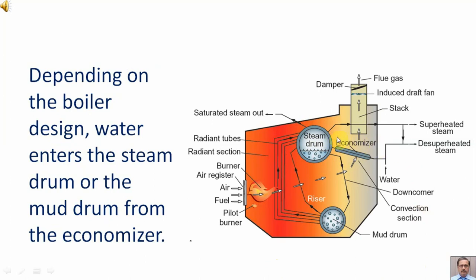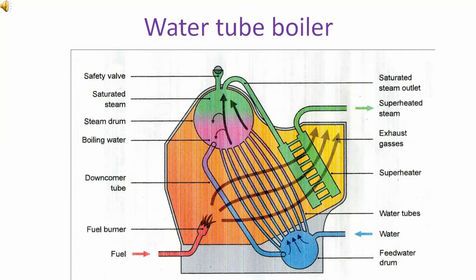In this diagram, we can see that feed water is entering in the steam drum from the economizer. In this diagram, we can see that the feed water is entering in the mud drum.